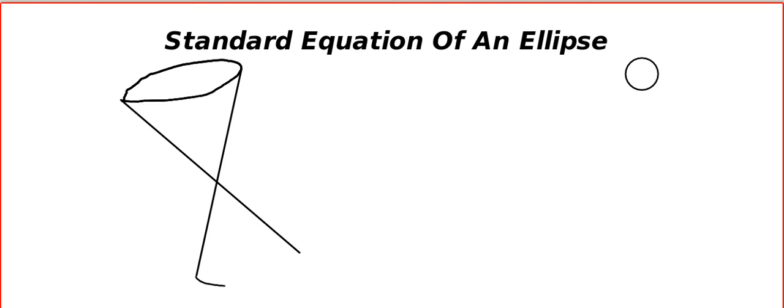When you imagine a right circular cone, you can have a structure like this in your mind. But it is not a pair of lines. I told you this exists in three dimensions.